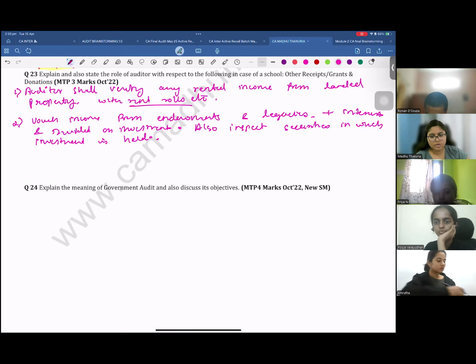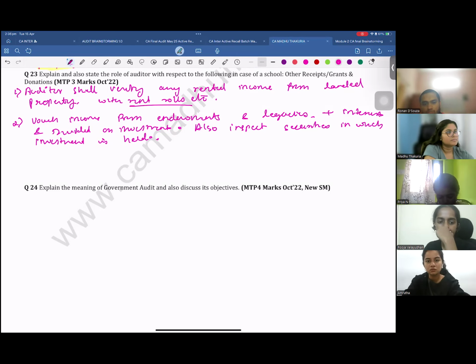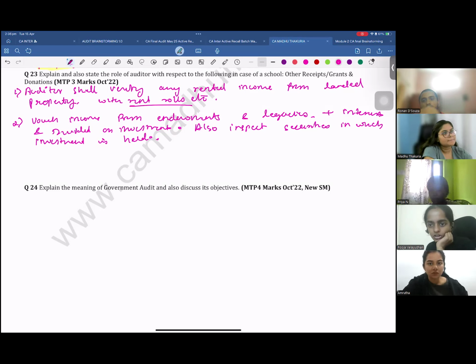They could have told you the donation directly, right? Guys, can you just do a quick Google? Take this opportunity to look it up. Legacy is like a will or a property, maybe.